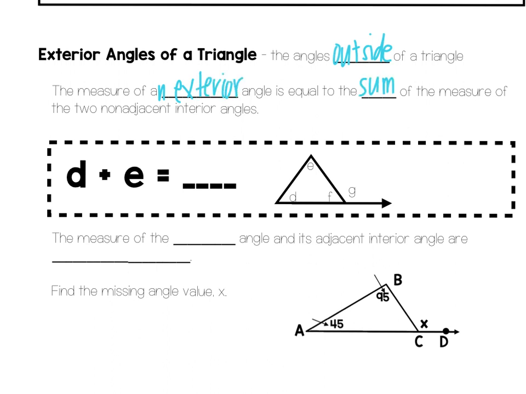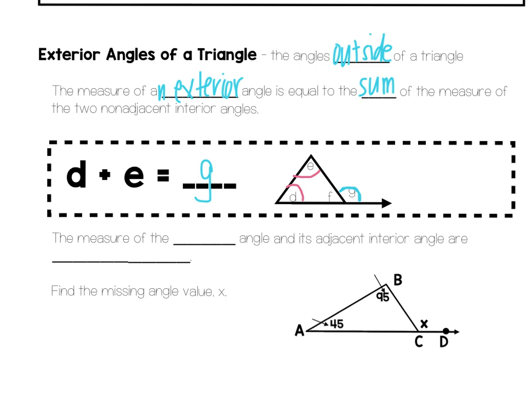So what that means is that D and E, which are our interior non-adjacent angles, D plus E, those two angles together, if we add them up, they will equal this exterior angle G right here.